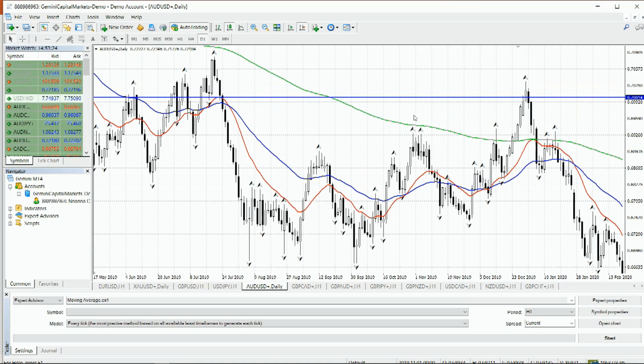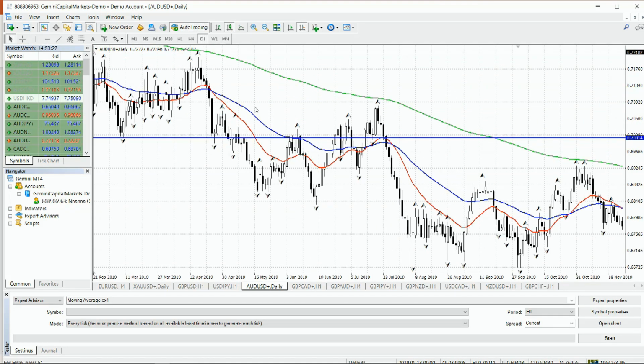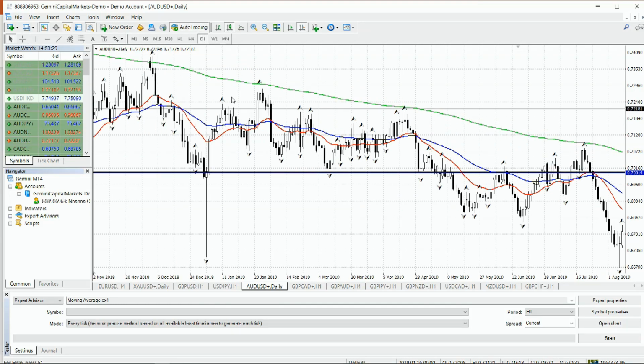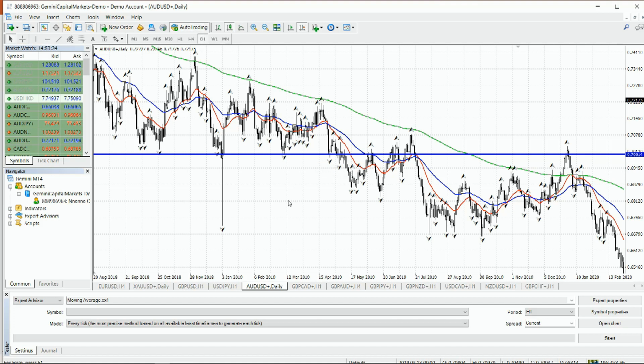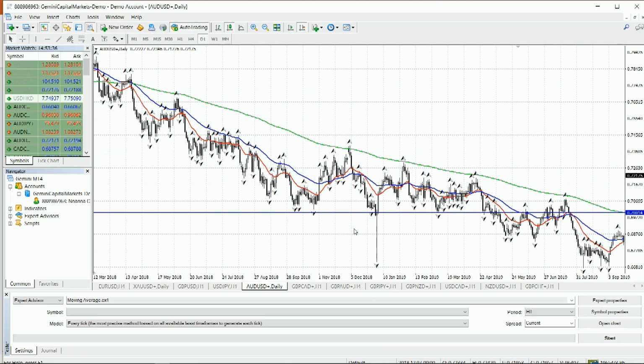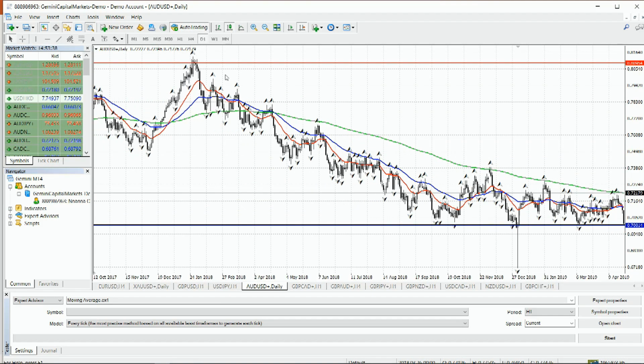So if the market is in a downtrend and you're selling, you're going to be looking out for the fractal highs in order to identify where your stop loss should be, especially once you're moving your stop loss in the direction of your trade. So in this case, if I'm selling, let's say I sold here, my stop loss would be above the fractal high. If I sell here, my stop loss will be above this. And if I'm adjusting my stop loss, I keep moving in the direction of the fractal.